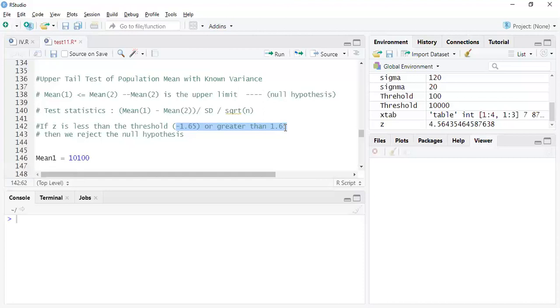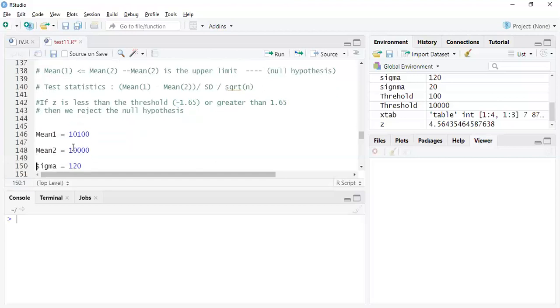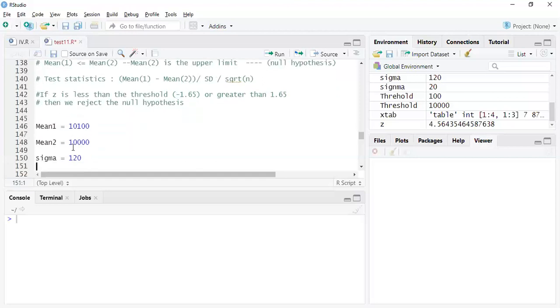You will see that if your data is falling outside of 1.65 times the standard deviation from the mean, then you reject the null hypothesis and you accept the alternative hypothesis, right? That sounds a bit mechanical, but if you go through the theory a bit, you can understand it better.